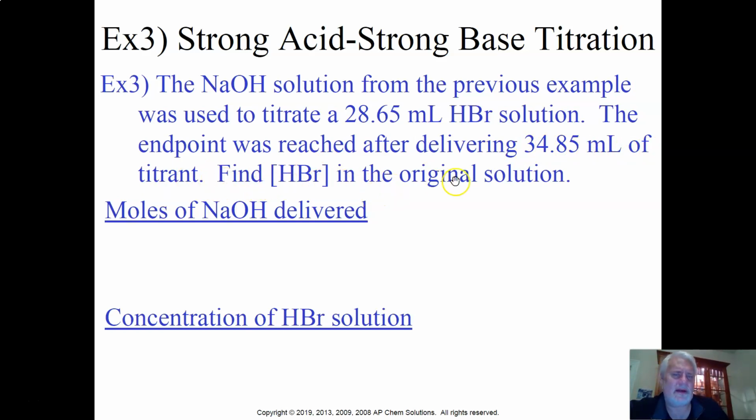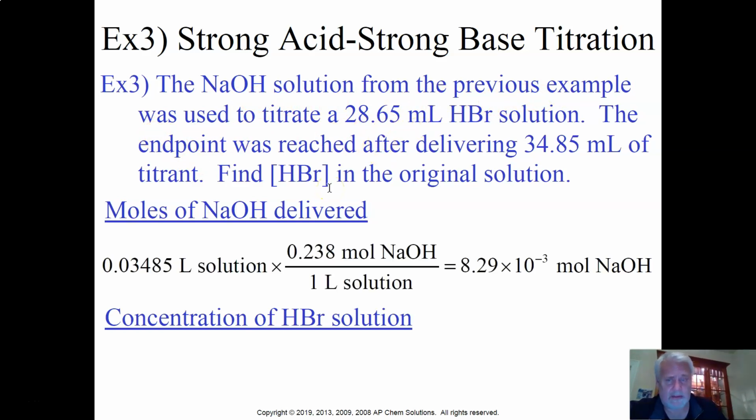Find the HBr concentration in the original solution. So what you have is this HBr where you don't know the concentration. Yeah, it's strong, and yeah, we're titrating it with a strong base. All right? And that solution from the previous example is being used to do the titration here.